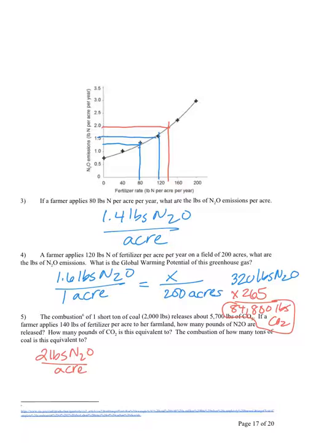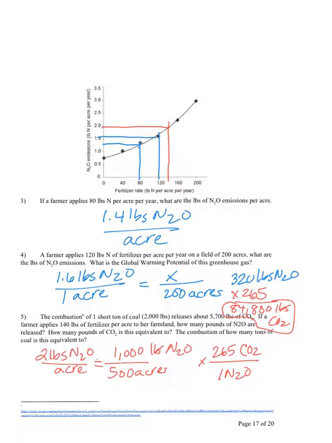Okay, and they apply this to their farmland, and their farmland is 500 acres. Okay, 500 acres, which is going to give me 1,000 pounds of N2O. Then I'm going to use this warming potential, okay, for every 1 N2O, it's 265 CO2.